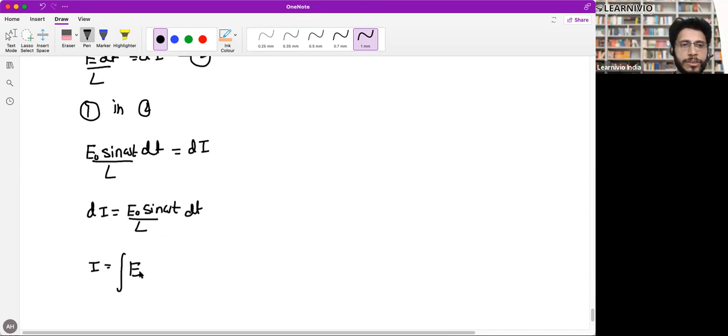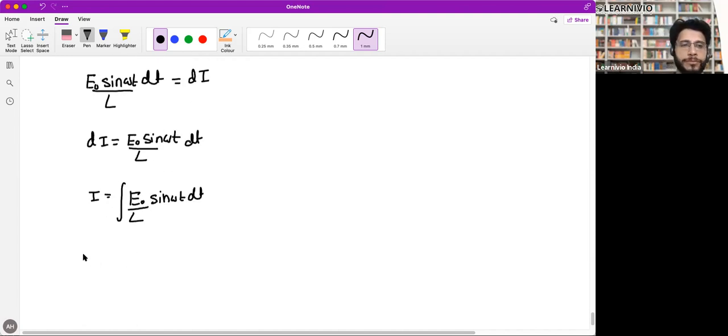So it's E naught by L integral of sine omega t dt. This is an indefinite integral. We don't put limits here because we are trying to calculate the equation, not the value. So we can take this E naught by L outside, and we are left with the integral of sine omega t dt.